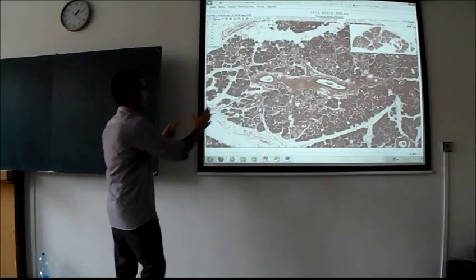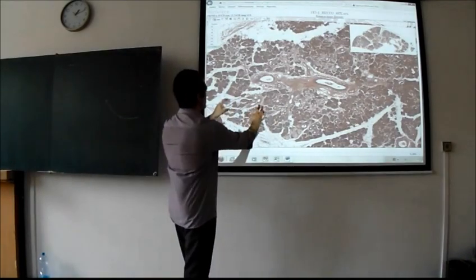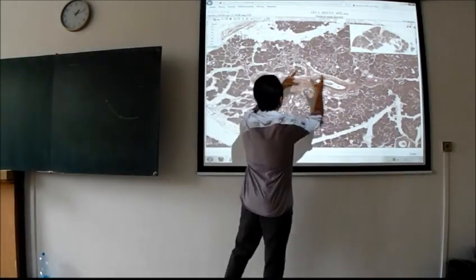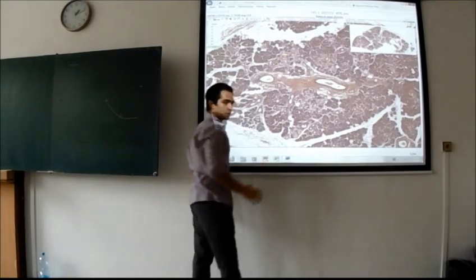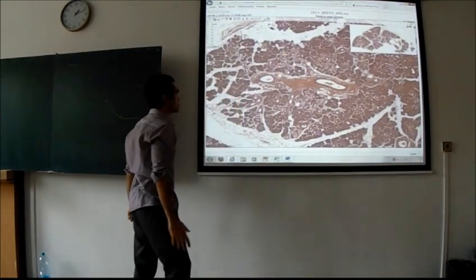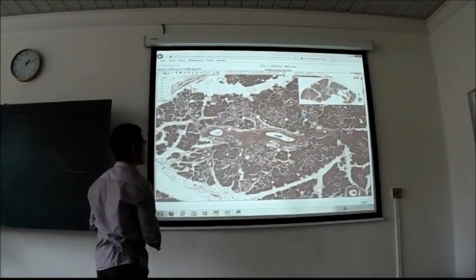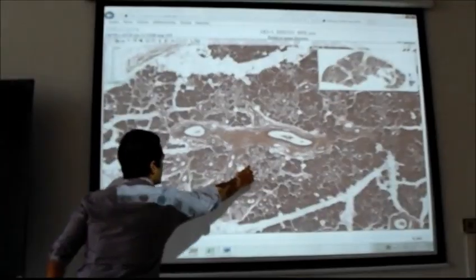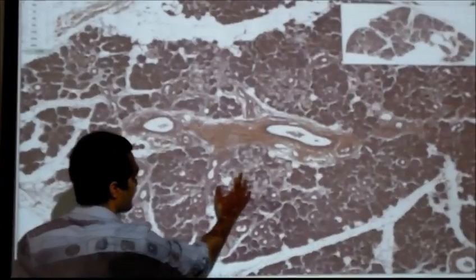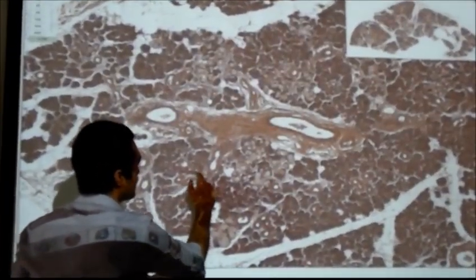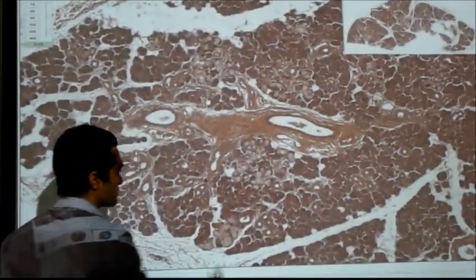Now, in this picture of the submandibular gland, you see some areas dark, and some areas whitish. This whitish area represents the mucinous gland. You can very easily see the difference between mucinous and serous cells: the cells are white, while the serous have a very dark color.